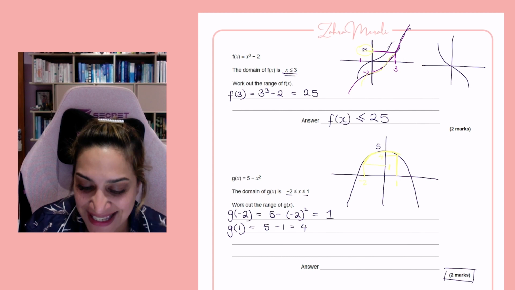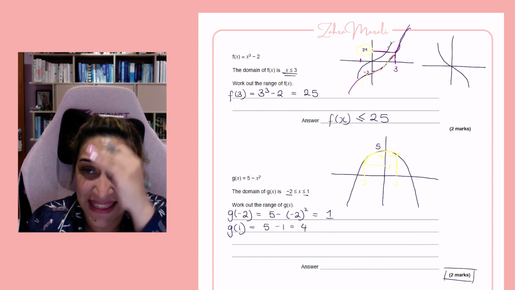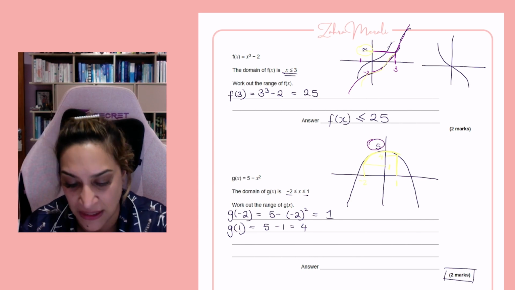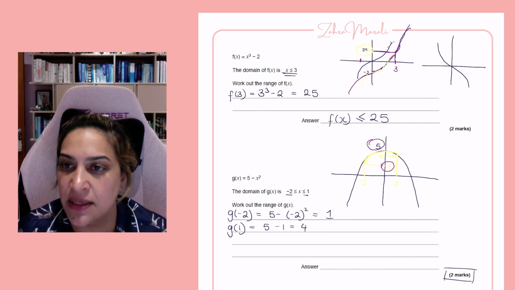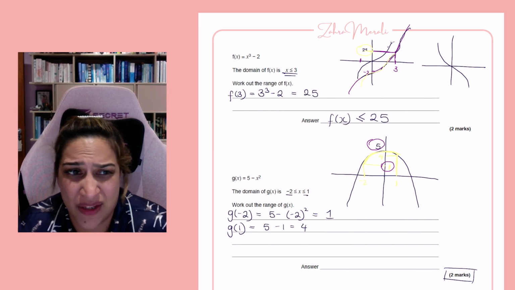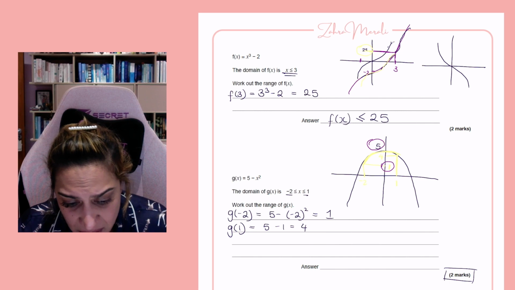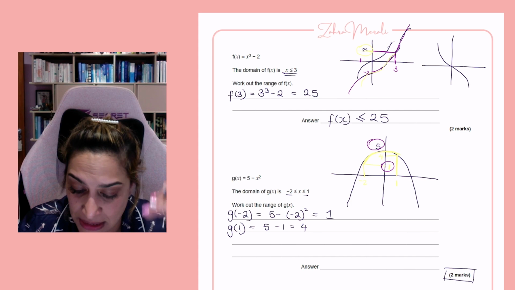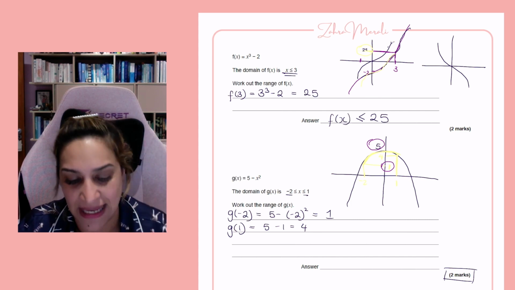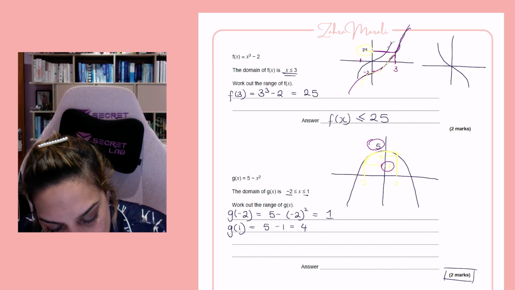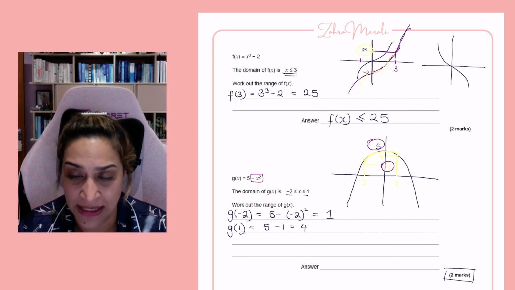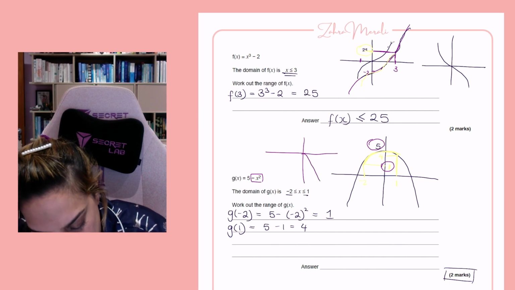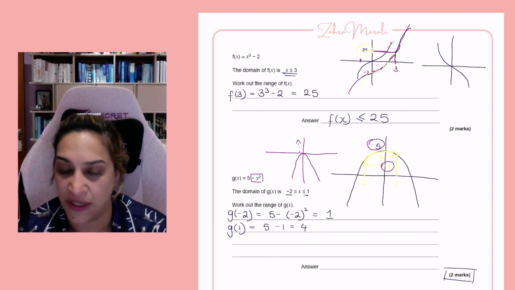Now, what is the maximum in that bit for the y's? If we have a look, the maximum for the y's is 5 and the smallest y is 1. So that 4, we didn't really need it. But at least we found out what it was, because if we had got confused, hopefully we'd see that we're going between the maximum. The way that I got that 5 was I said this is minus x squared and I've shifted it up, because remember, minus x squared looks like this, and then I've shifted this graph up by 5.